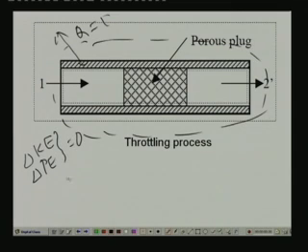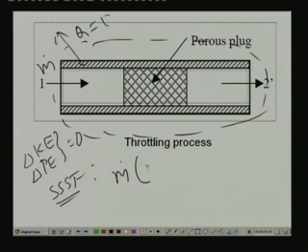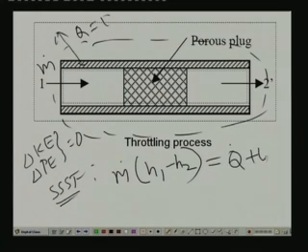Then I apply the steady state, steady flow equation to this control volume. So what do we get? If m dot is again the flow rate of the liquid, m dot into (H1 minus H2) is equal to Q plus W. But we find here that there is no heat transfer, Q is 0, and there is no work production, so W is also 0.